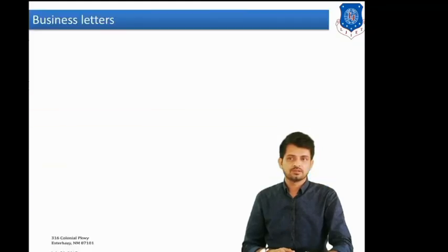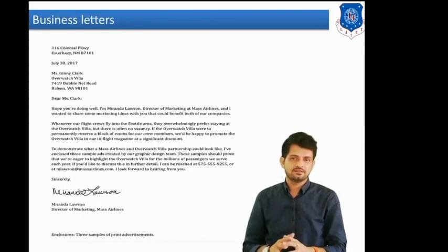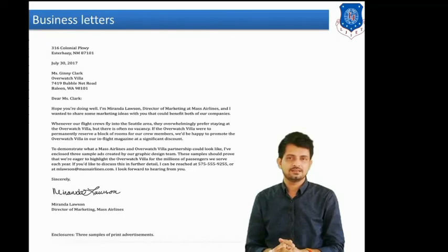Okay. See on the screen, you can see a business letter. First of all, you can see the address of the sender. Then comes the date. After that, the recipient's address is there.